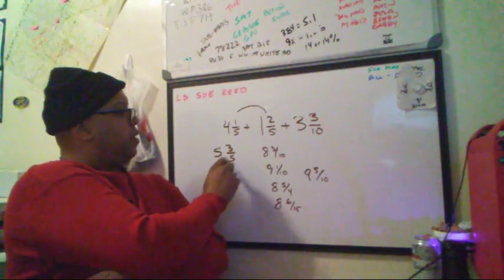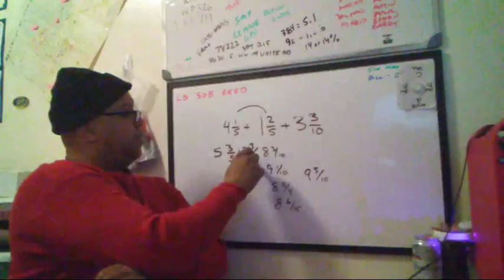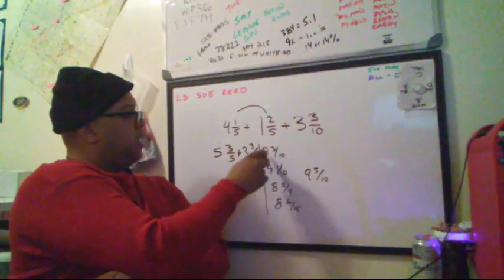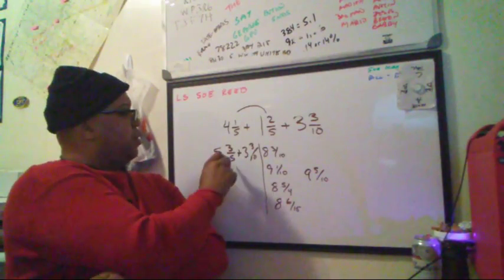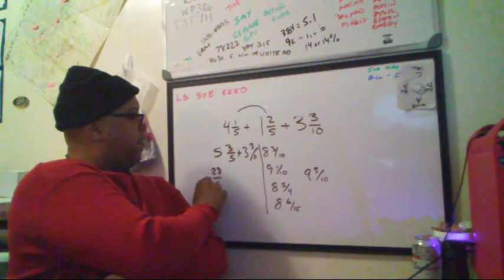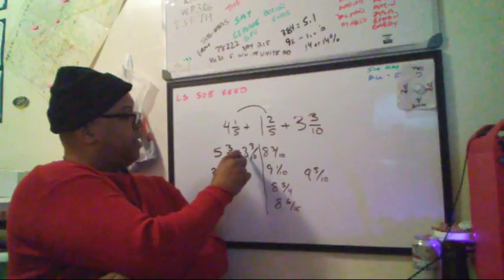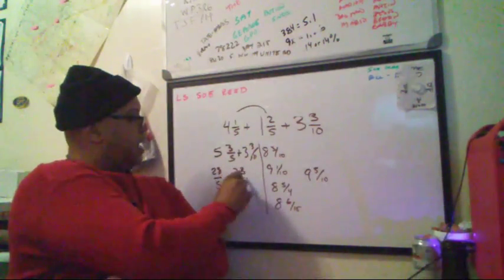So 5 times 5 is 25, 28 over 5, 10 times 3 is 30, and that is 33 over 10.